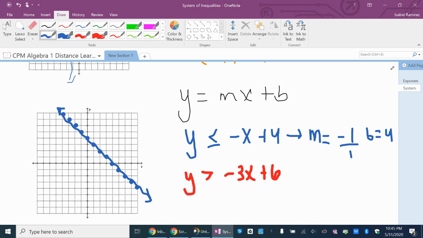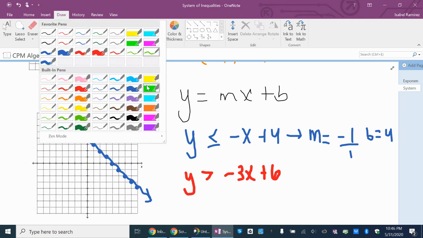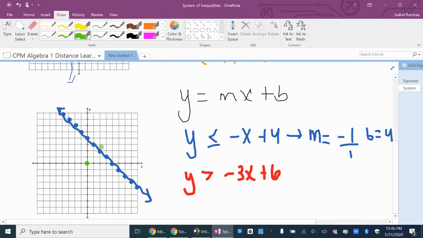Now, as far as shading, there's going to be a lot of shortcuts. My go-to is to imagine the origin, 0, 0. If the origin satisfies this inequality, then we're going to shade towards the origin.